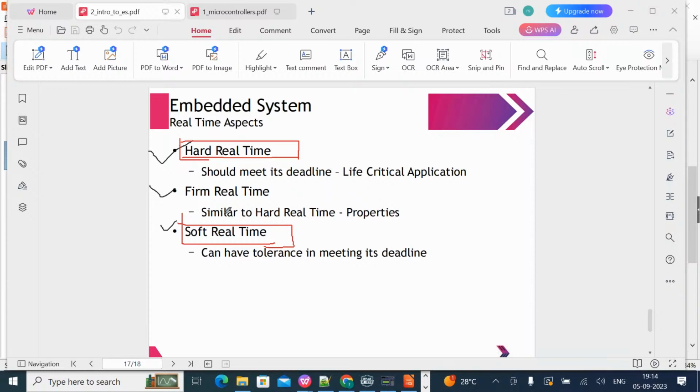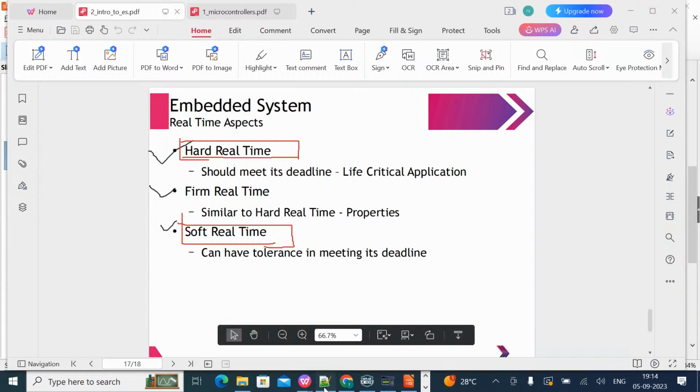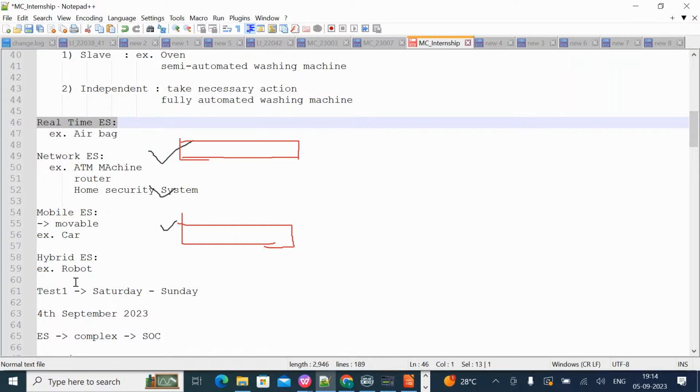Thanks, Nia. Now let me go to the soft real-time system. In case of a soft real-time system, what happens, people? We can have tolerance in meeting the deadline. It's fine, it's okay if there is a delay in meeting a deadline in a soft real-time system. Some delay is acceptable.